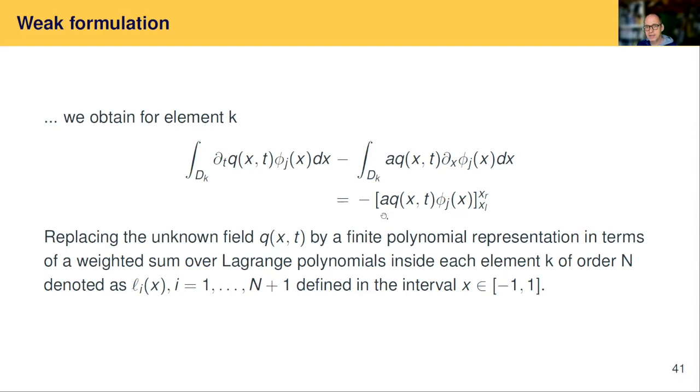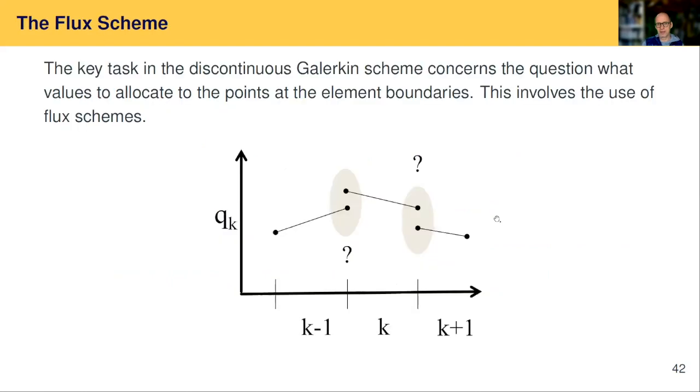This is now the key difference to the derivation of the finite element method. This is not going to be scrapped away because of a free surface boundary condition. No, this here is the flux at the element boundaries. You can see this is evaluated to the right and to the left. That's the fundamental difference in this Galerkin type of derivation, and I will not go into much more detail about that.